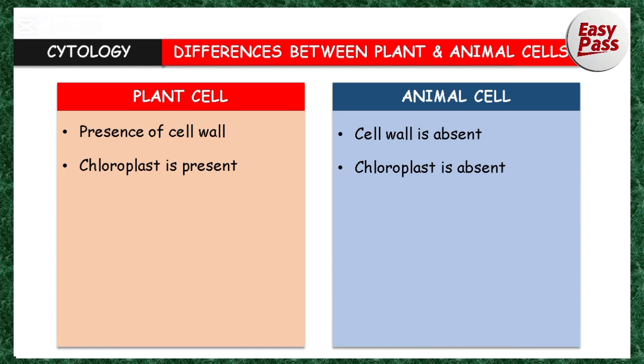Now, number three, plant cell possesses definite or hexagonal shape, while the other side, no definite shape.